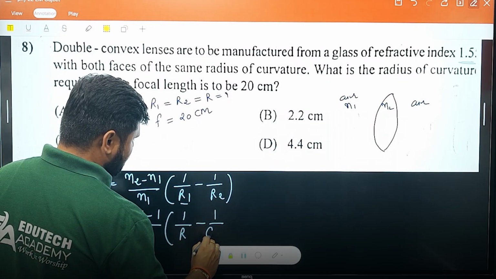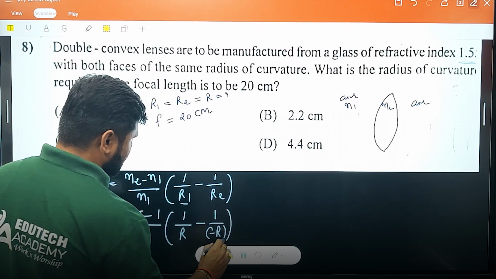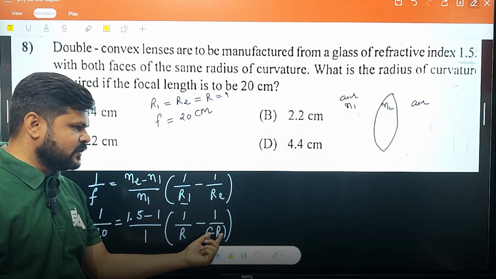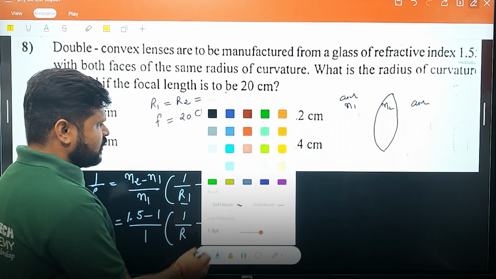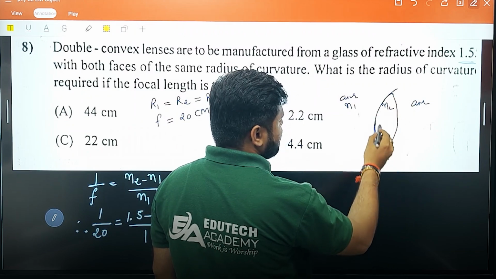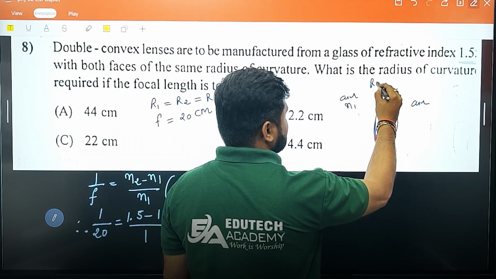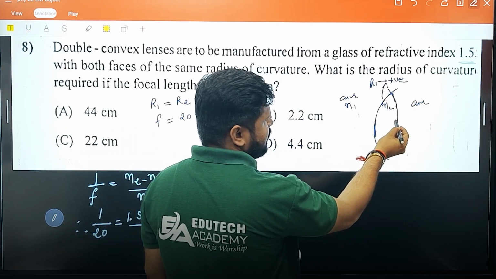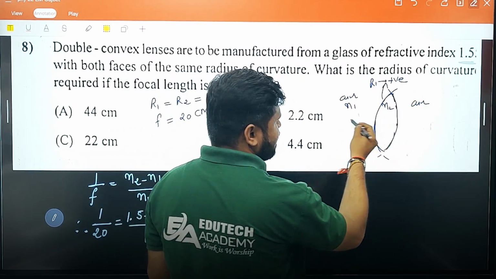minus 1 upon r2. Remember, r2 is minus r; you make mistakes only here. R1 is plus r but r2 is minus r. Why? Because this is a convex lens, and this is the first surface of it. If you take its radius of curvature r1 as positive, then for this surface its radius of curvature will lie on this side.